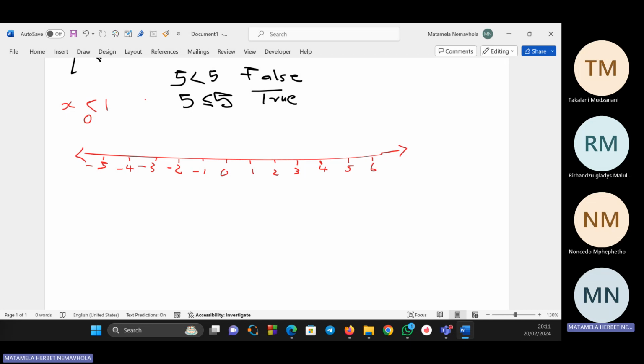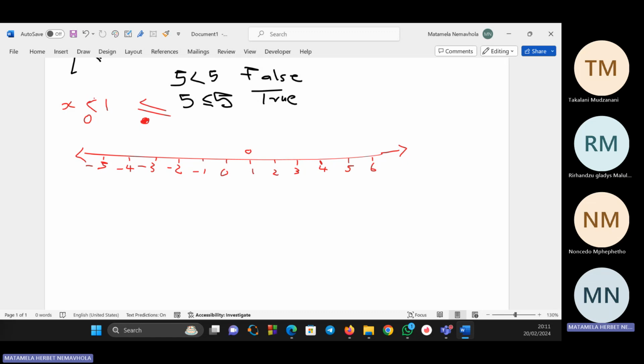But for greater than or equal to, or less than or equal to, you draw an O and then you shade it. So for x is less than 1, I'm going to write an O where there is 1, and I won't shade it, because it says less than.